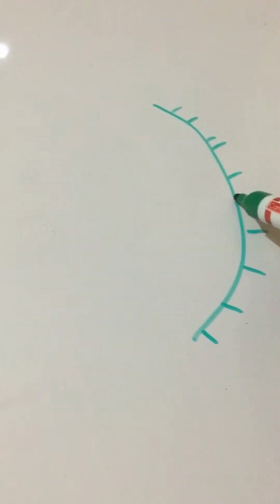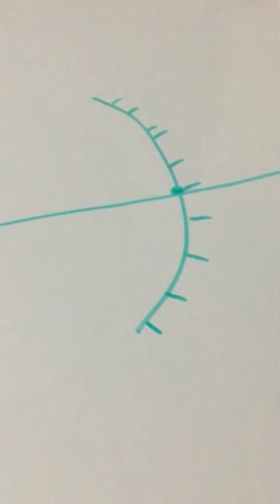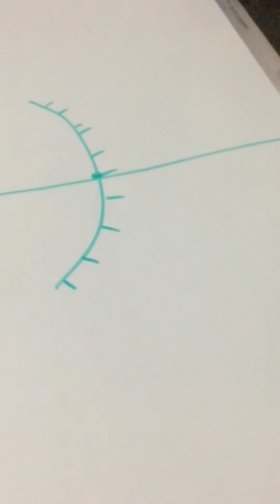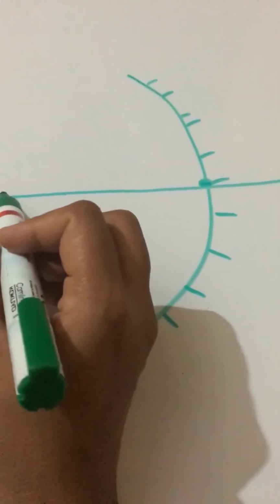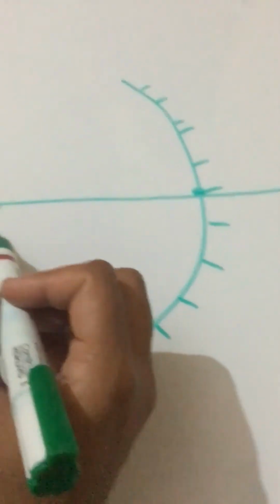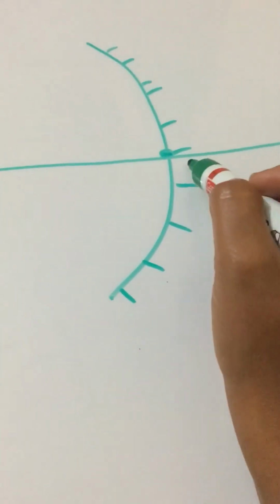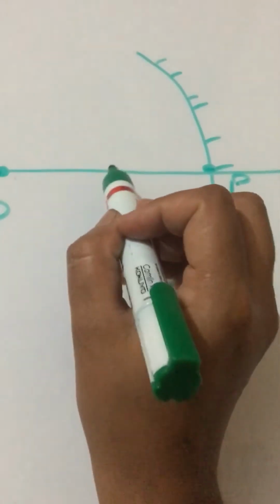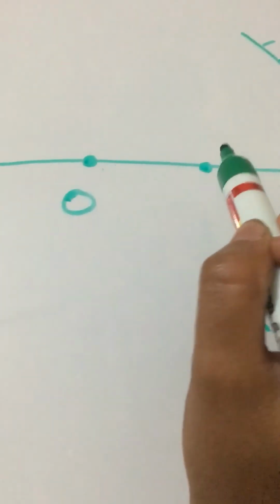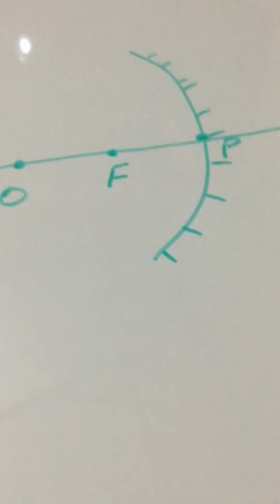Then right in the middle of the mirror, you extend an axis. This is the principal axis. Then somewhere at a point, you can choose, it's up to you, we choose this as the center of curvature. Then this is the pole. Now right in the middle of P and O, that is the midpoint, we consider something called the focus.